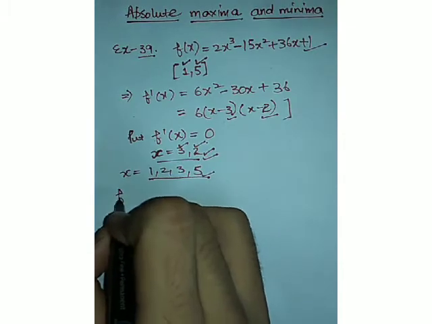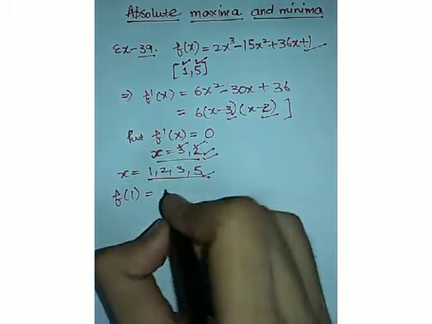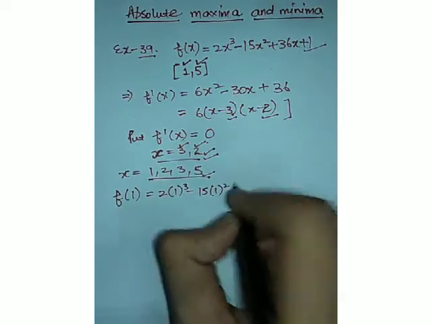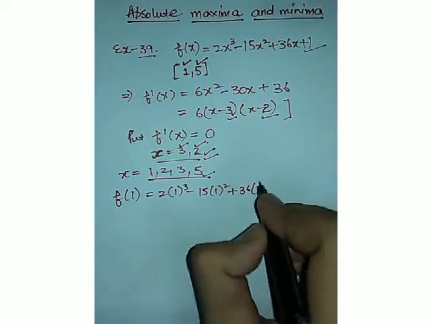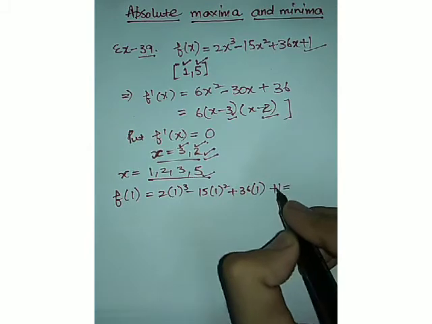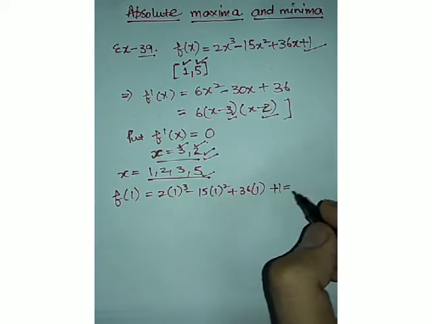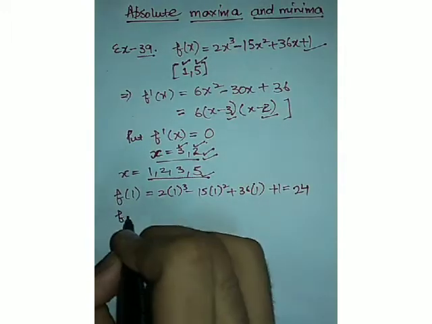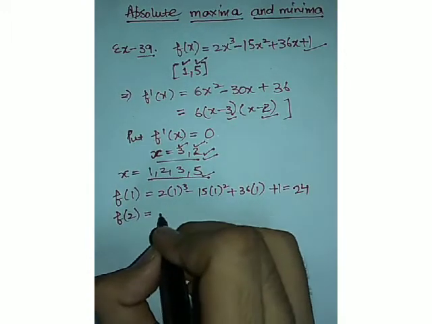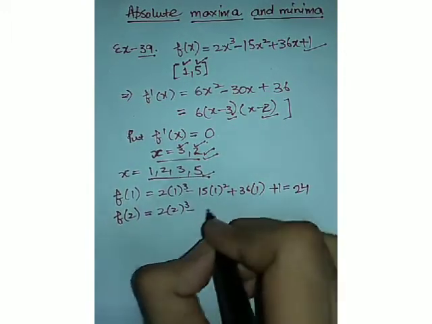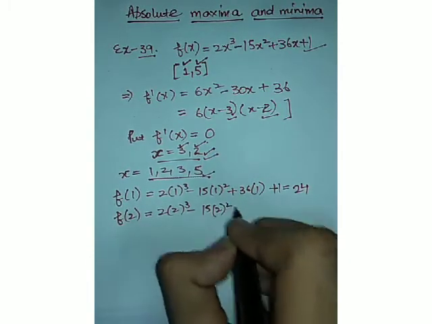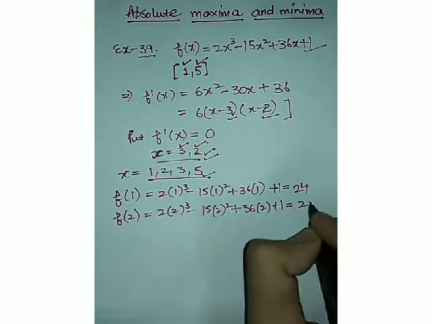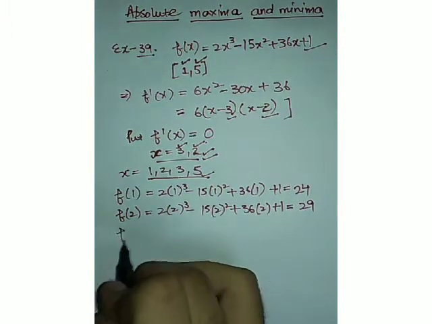So your function f of 1 will be 2 multiply 1 cube minus 15 multiply 1 square plus 36 multiply 1 plus 1. After solving it, you are mature enough to solve this equation, I guess. So you will get 24. Now when you substitute f of 2, you get 2 multiply 2 cube minus 15 multiply 2 square plus 36 multiply 2 plus 1. After solving it, you will get 29.